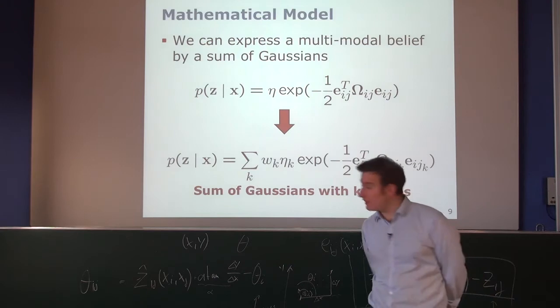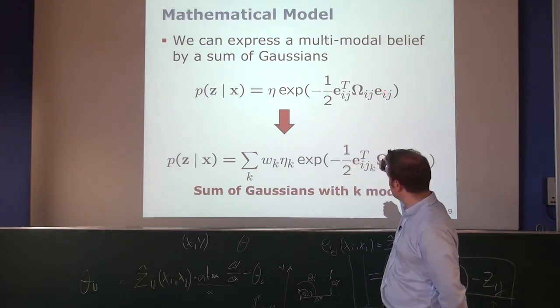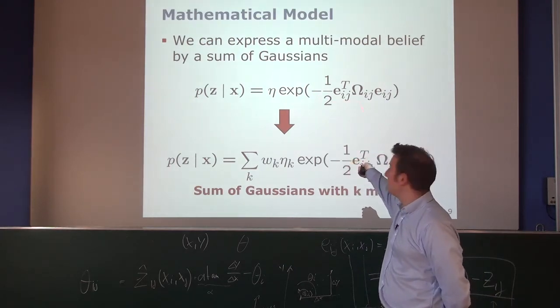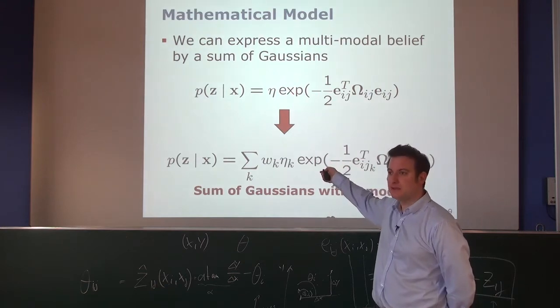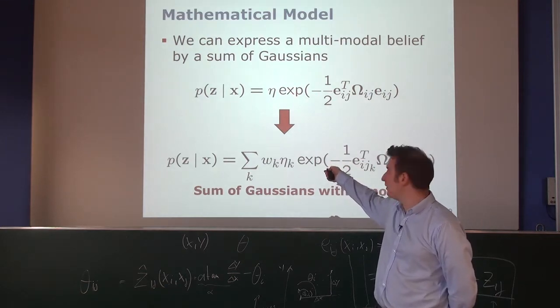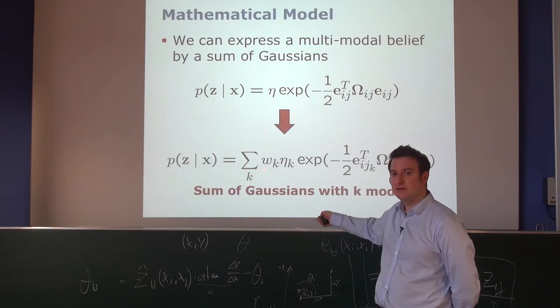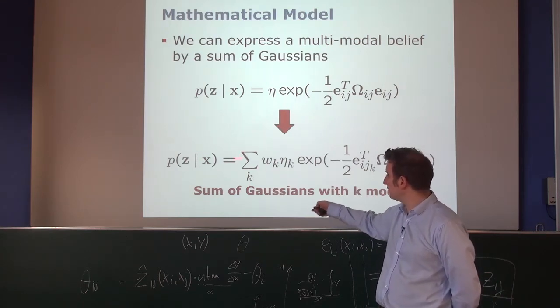If you're minimizing the squared error, we are minimizing this expression over here. And this is the log likelihood of this expression. What's the log likelihood of this expression? The log will sit here in front. We can't move it inside.